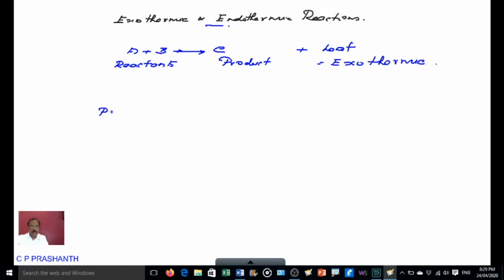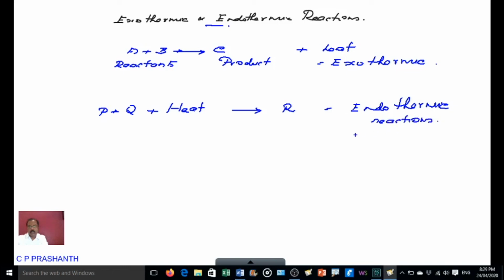Such reactions are called exothermic reactions. Whereas if P and Q have to react and we need to supply heat, in that case heat is absorbed by the reactants, and such reactions are called endothermic reactions.